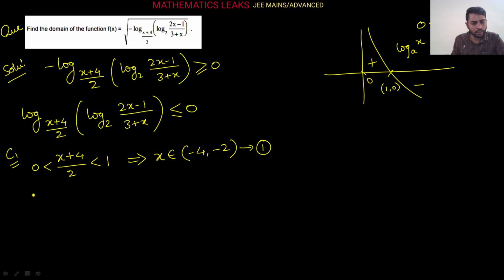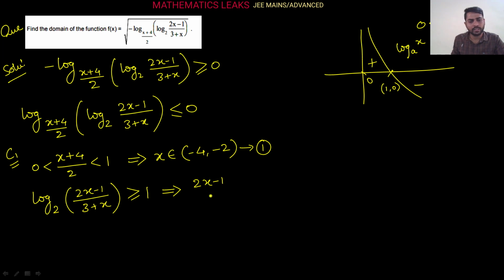So we write log base 2 of (2x-1)/(3+x) should be greater than or equal to 1. Transferring the logarithm base, it can be written as (2x-1)/(3+x) greater than or equal to 2 to the power 1, which is 2 only.